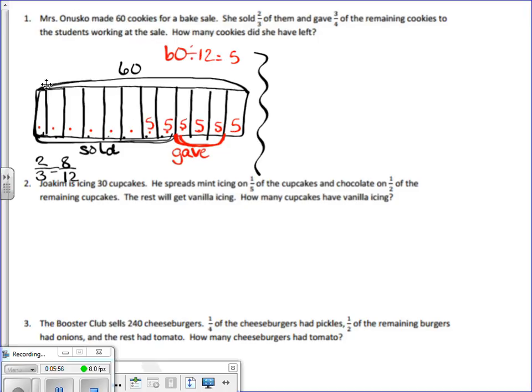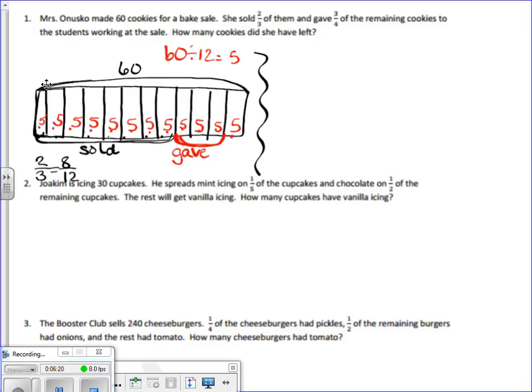Each unit would be 5. So she had 5 left. I was going to say that I got the same answer, but I worked it and I used 2 different markers.